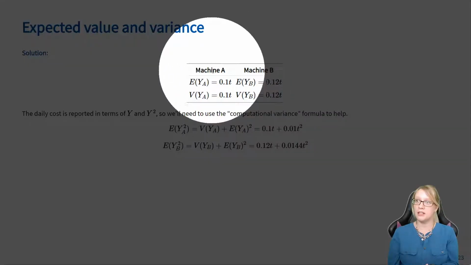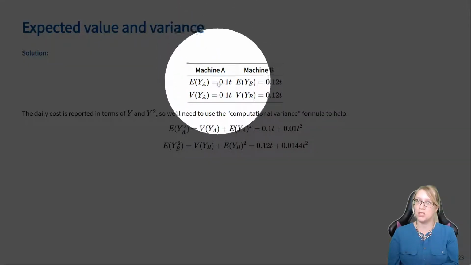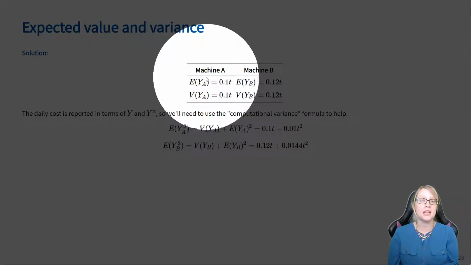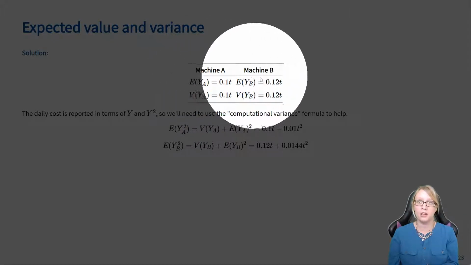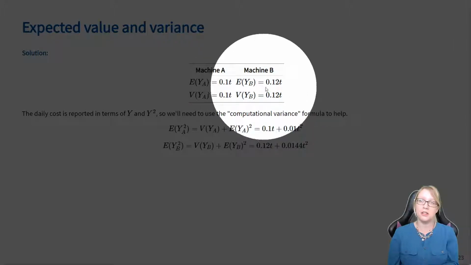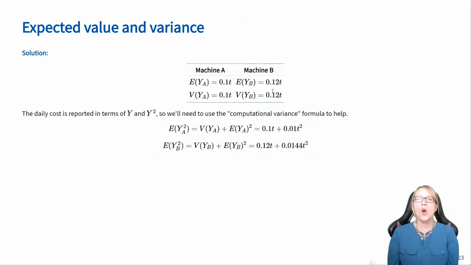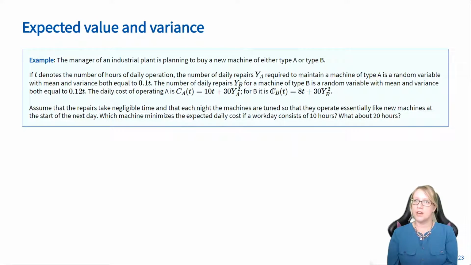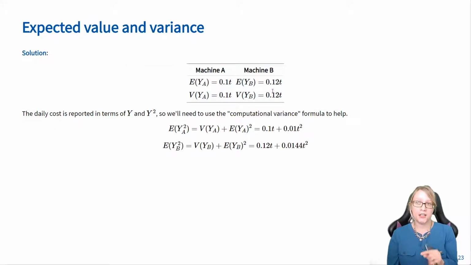Well, here's what we're given. We know that the expected value and variance for machine A is 0.1 times T, which is the number of hours it's operating. Machine B has a little bit higher expected value, a little bit higher variance. In order to evaluate these costs, we need the expected value of y squared. We have the expected value of y, and we have the variance, so we can tweak that computational variance formula just a little bit to help us out.